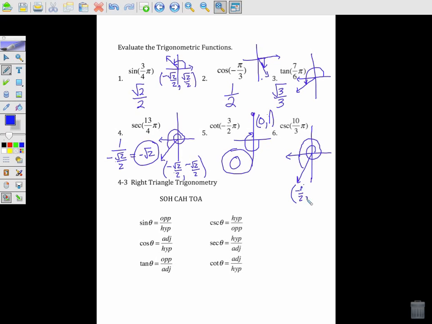My ordered pair is -1/2, -√3/2. So 1 over the y value, 1 over -√3/2, ends up being -2 square roots of 3 over 3. Final answer. All right, that concludes how to evaluate using the unit circle at some specific angles.